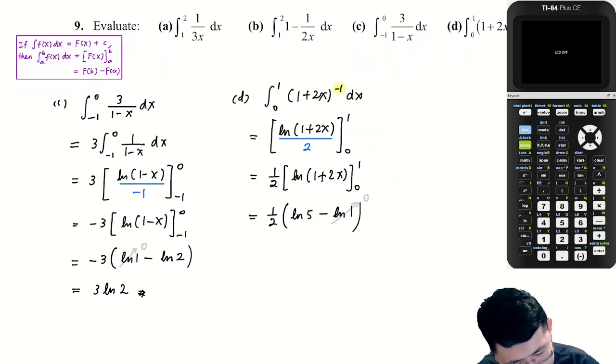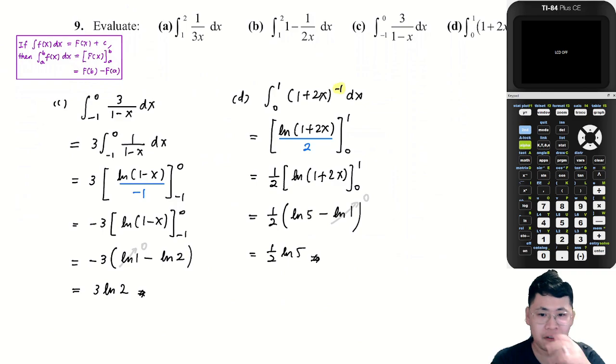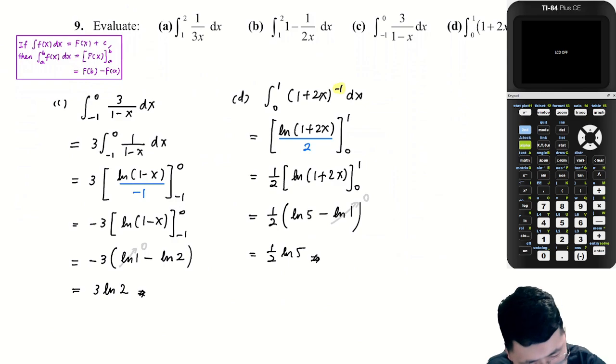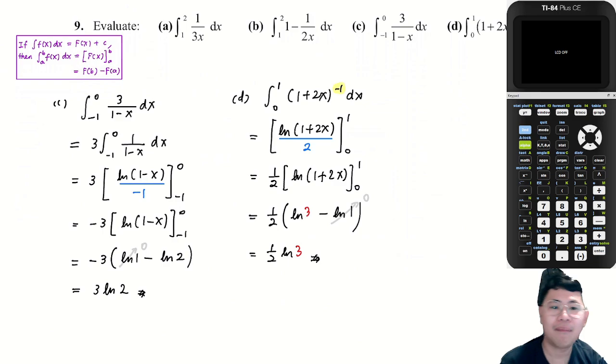Hopefully you get the message already. Then it will be just half ln 5 as our final answer for part D. Oh, sorry, this is actually ln 3, not ln 5. Ln 3, sorry, my bad.